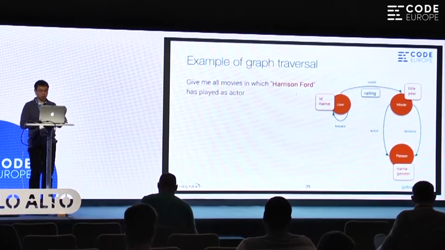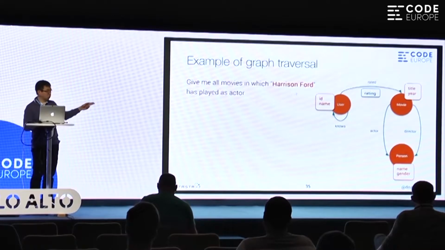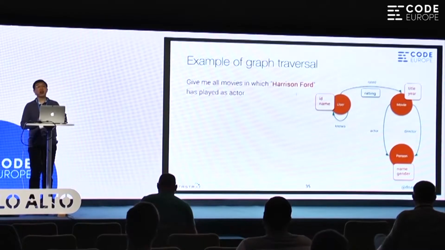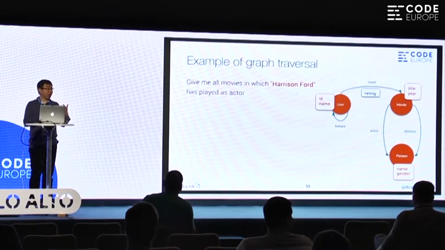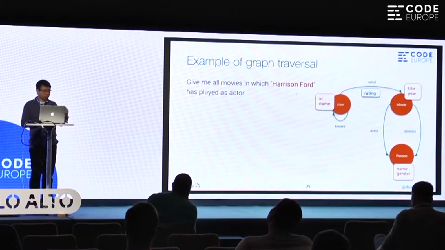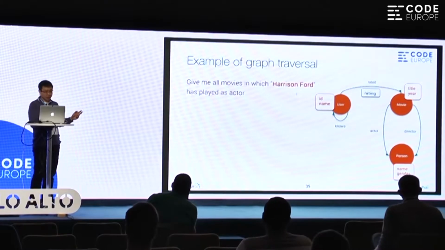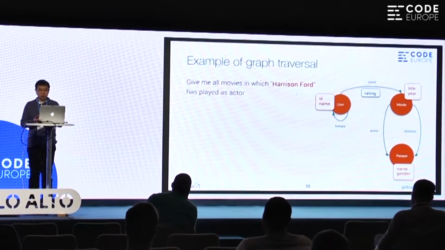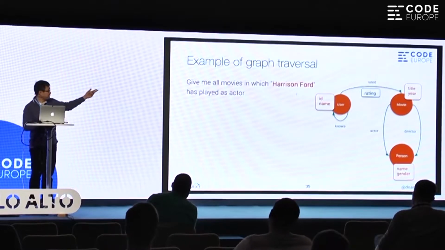And now the movie is connected to the person by two edges, actor and director. It means that a person can be an actor in a movie, or can be a director in a movie, or can be both actor and director. A user can give a rating to a movie with a value, which is rated here.